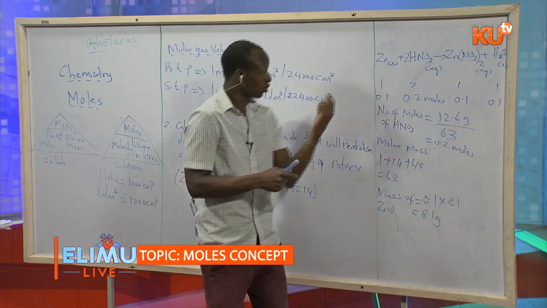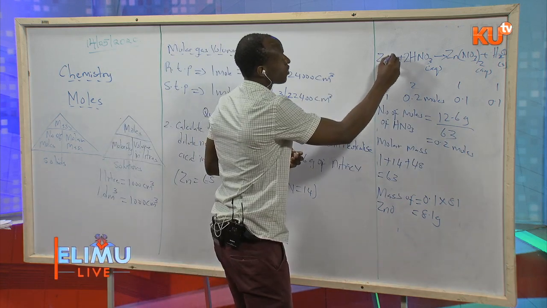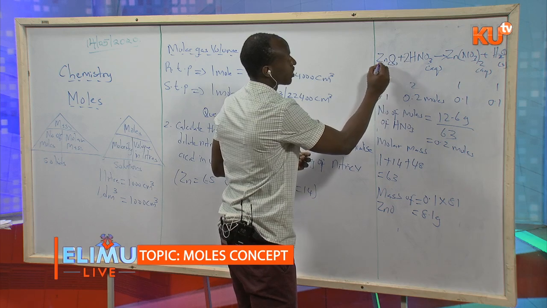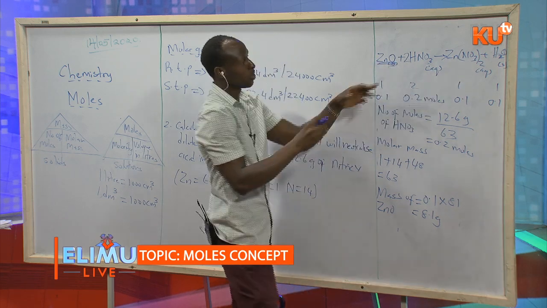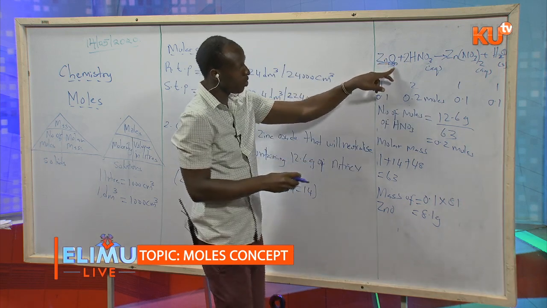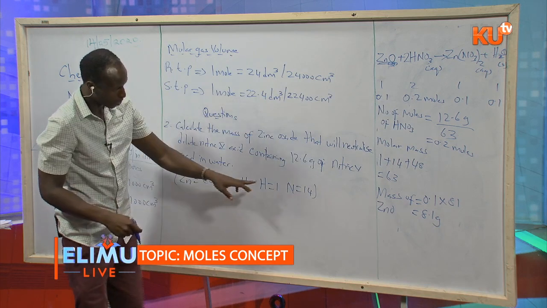Ratio helps you, because you are interested in the mass of zinc oxide. Sorry for this mistake. This was ZnO, zinc oxide. I hope you can correct it, though it doesn't affect our equation. Zinc oxide, ZnO, you do 65 plus 1.